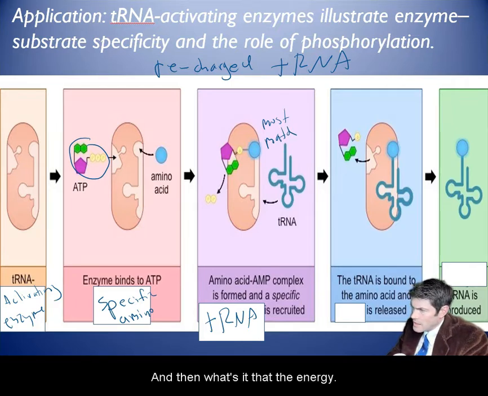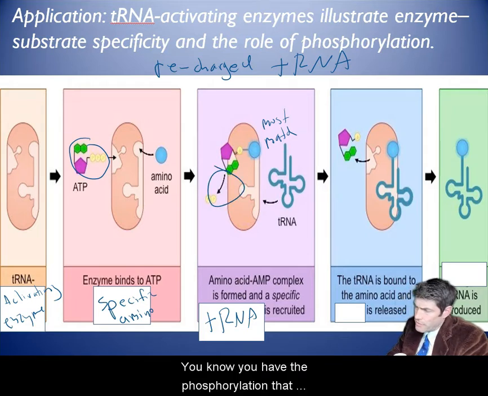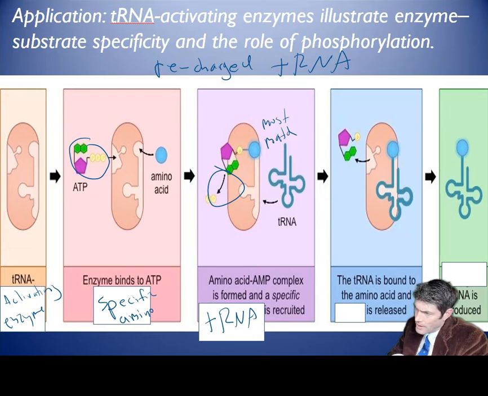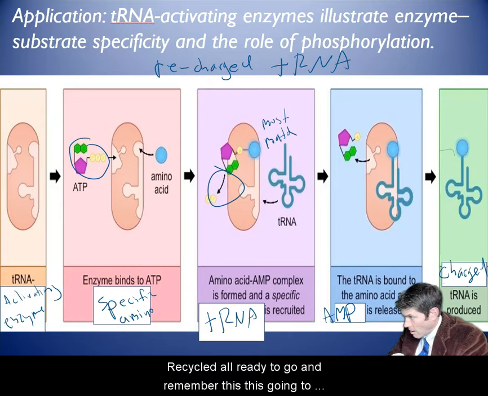And then once you have the energy, you have the phosphorylation, the dephosphorylation, it loses that phosphorus, and the energy is used up. AMP is then released, and then the charged tRNA is produced, recycled, all ready to go.